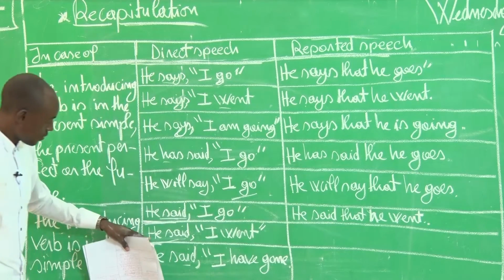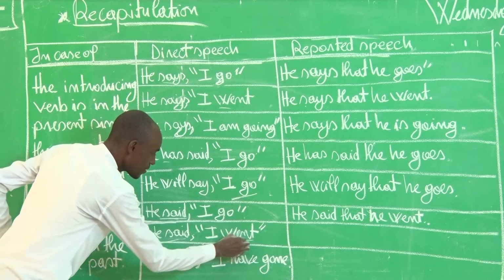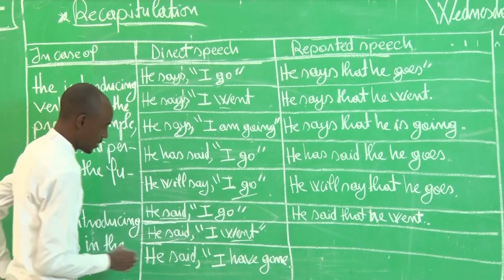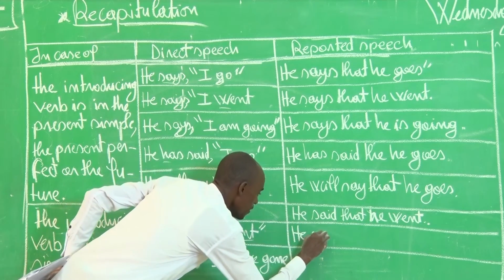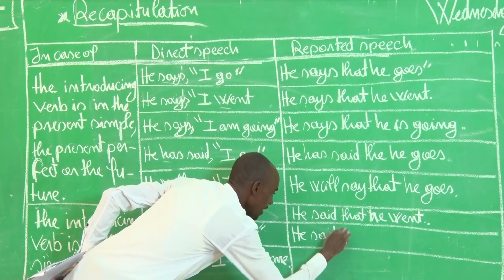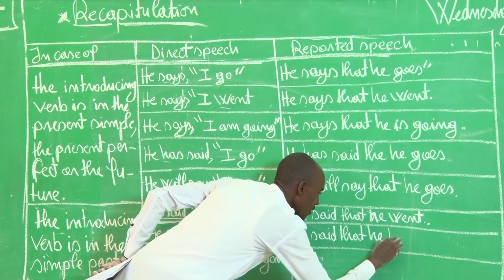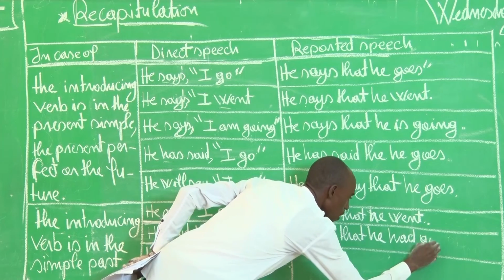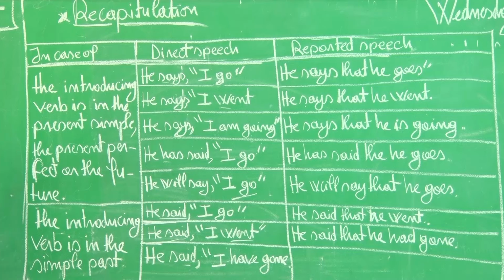Good. In this sentence, we have he said, I went. This is the past simple. The past simple turns into the past perfect. He said that he had gone. And the last one is he said, I have gone.